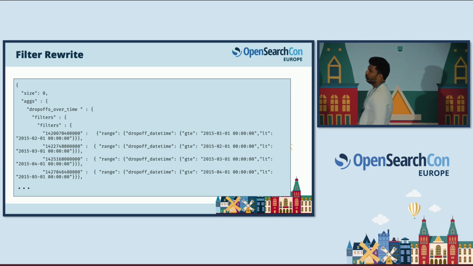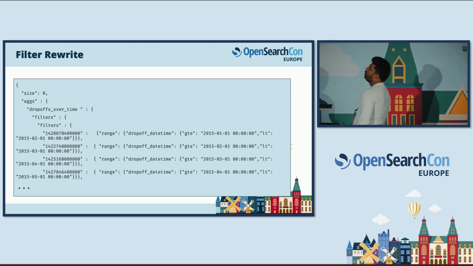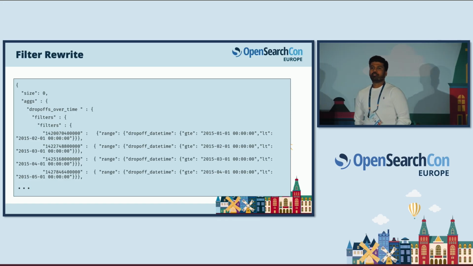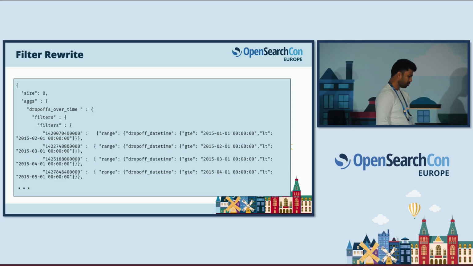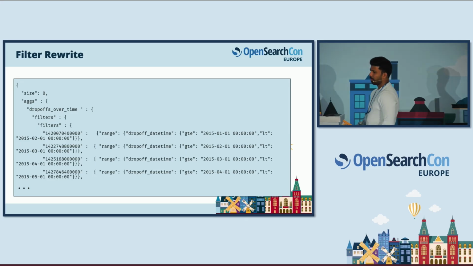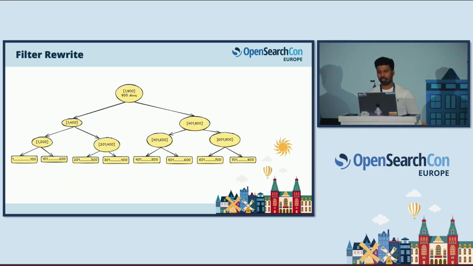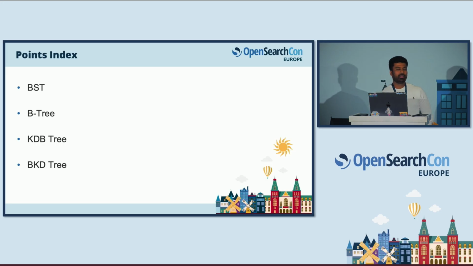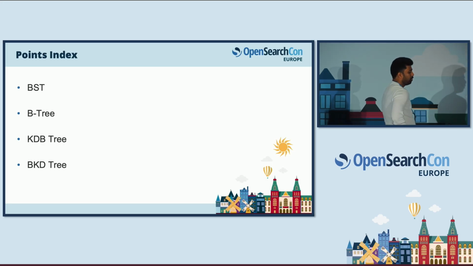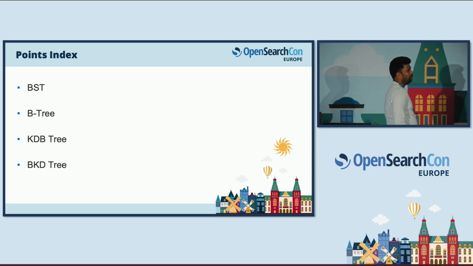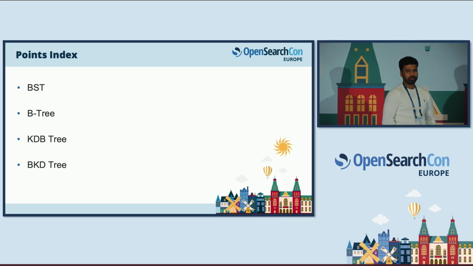So what we want to do is, we essentially want to compute the number of documents for each month filter. So before we understand why this improves significantly, we want to learn a bit more about the points index.